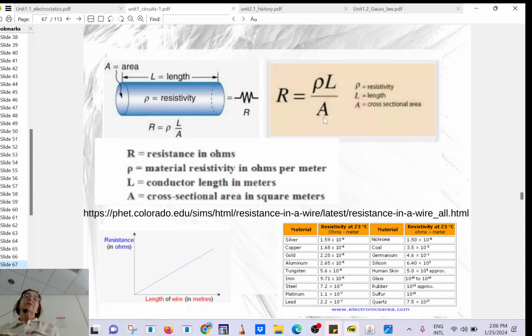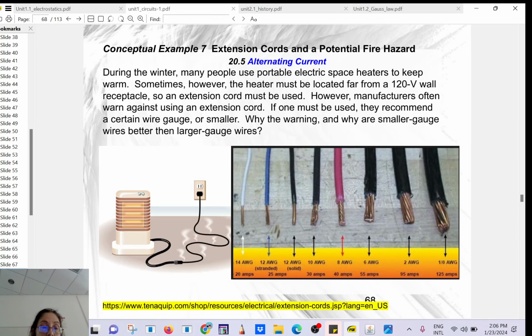And it's inversely proportional to the area. If you have a thicker wire, like this one, you can decrease the resistance. If you have a very thin wire, because you decrease the area, you're going to increase the resistance.